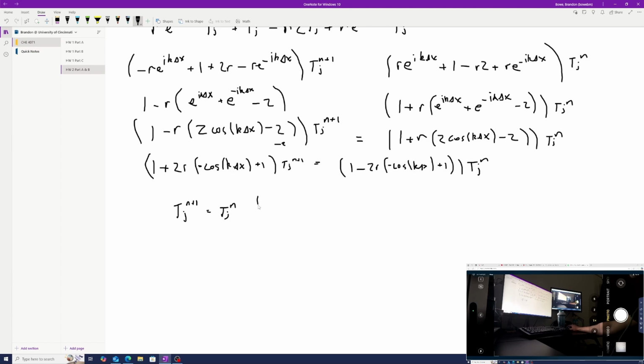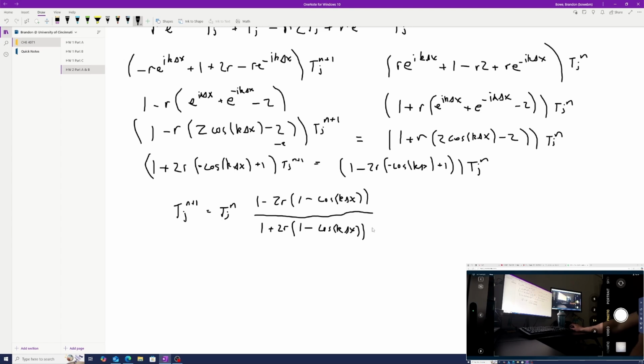Now we have 1 minus 2r, and we'll make this a big bracket here. We have 1 minus 2r times 1 minus cosine k delta x. And then below that, we have 1 plus 2r, 1 minus cosine k delta x.